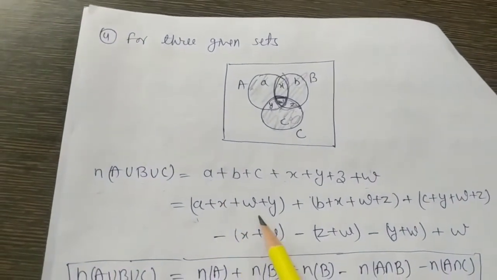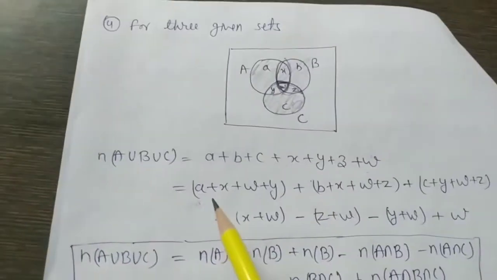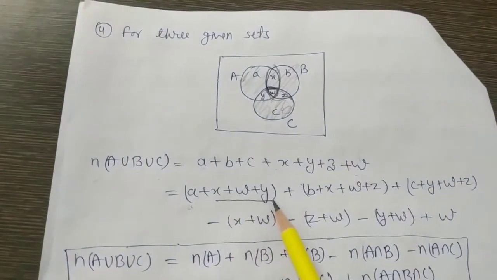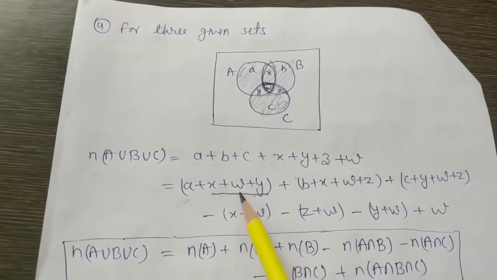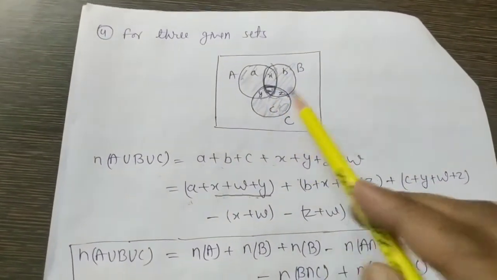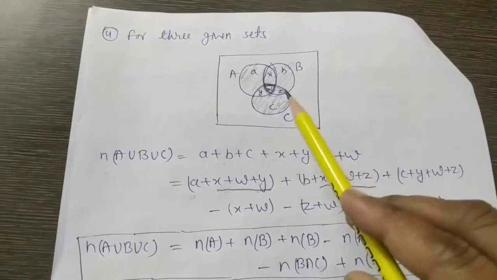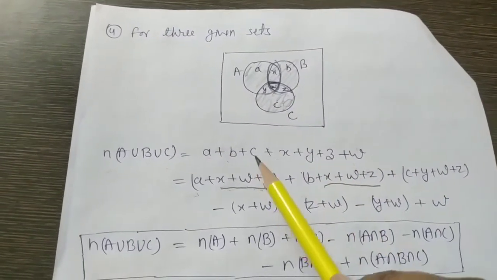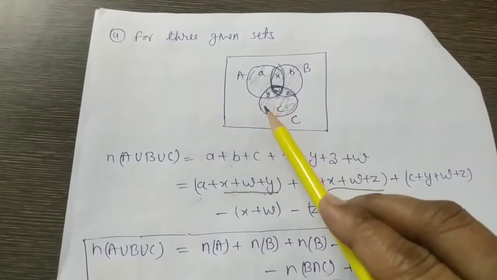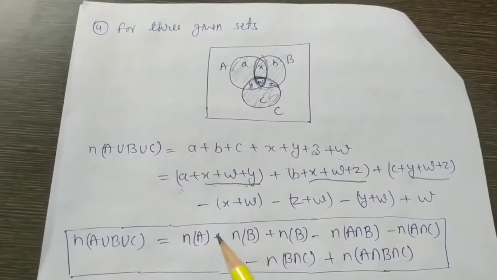A plus X plus W plus Y. I have added these terms X plus Y plus W. In B, I have added X plus W plus Z. For C, I have added in C Y plus Z plus W.